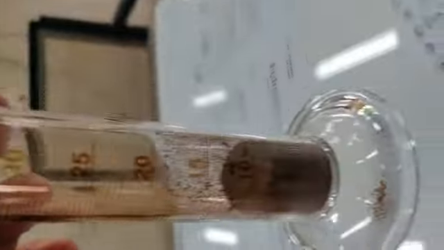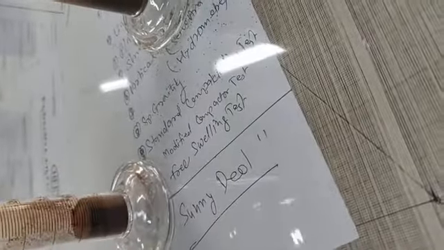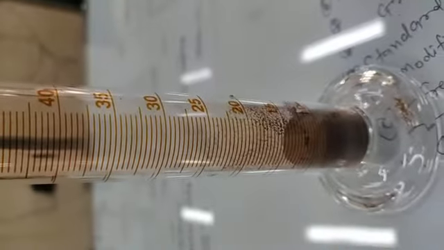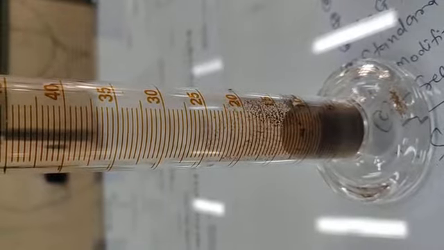Both jars have the same volume, and it is also showing that the same amount of soil has been added into this, and it is showing 7.